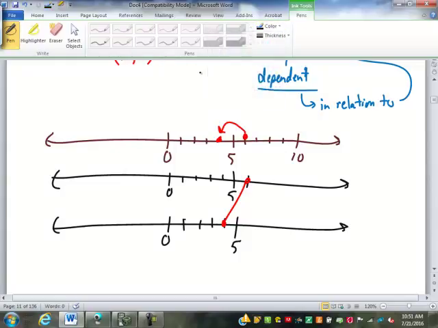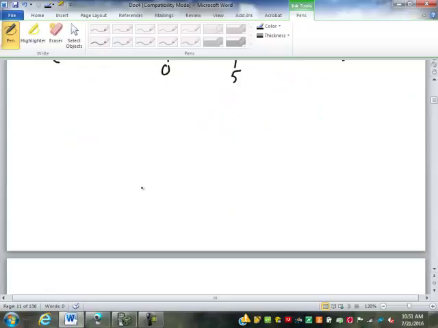So a long, long time ago, a pretty smart person by the name of René Descartes decided, let's take these 2 number lines and let's do this with them.